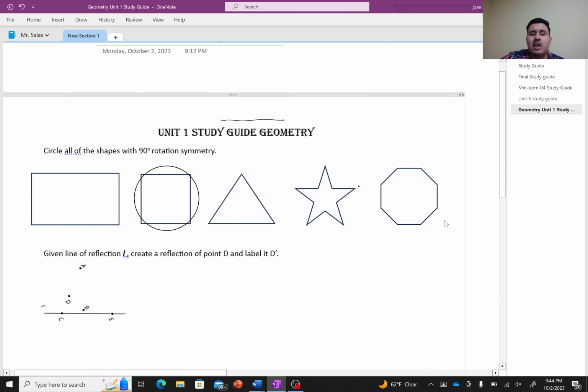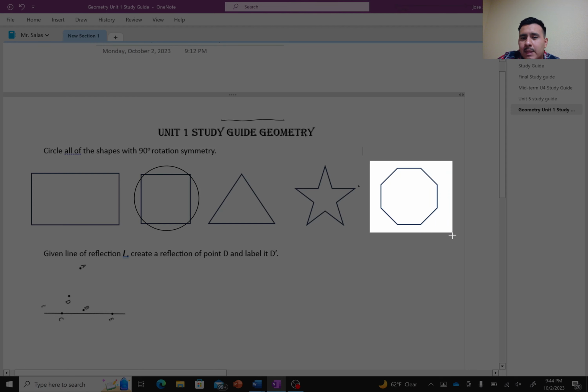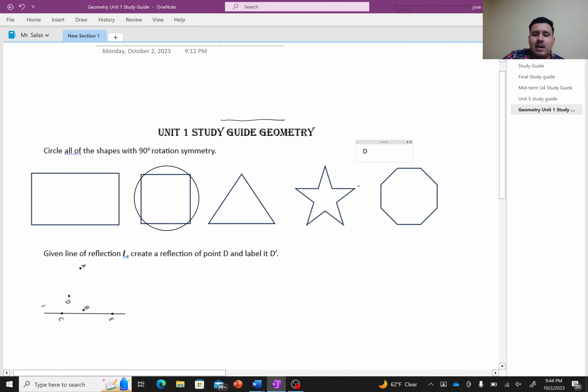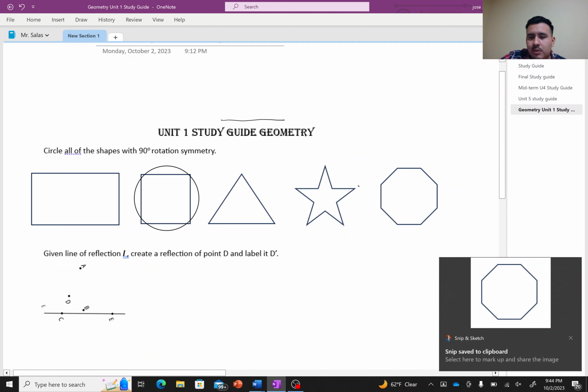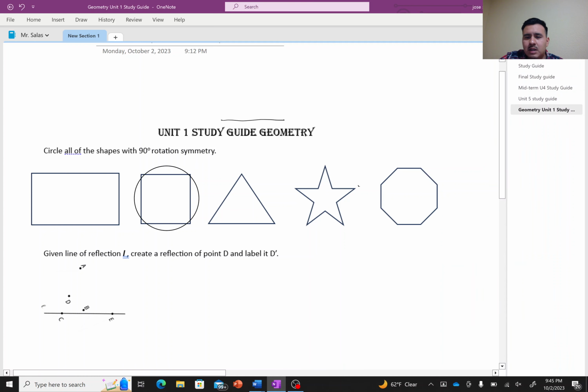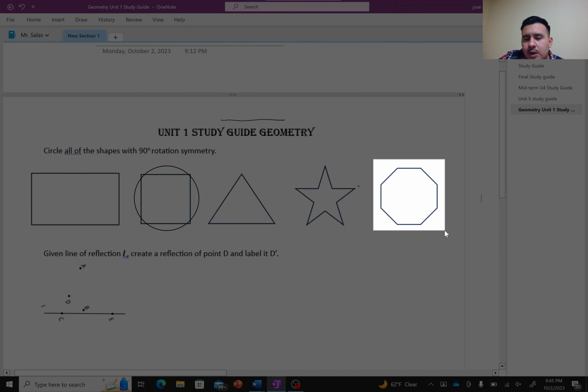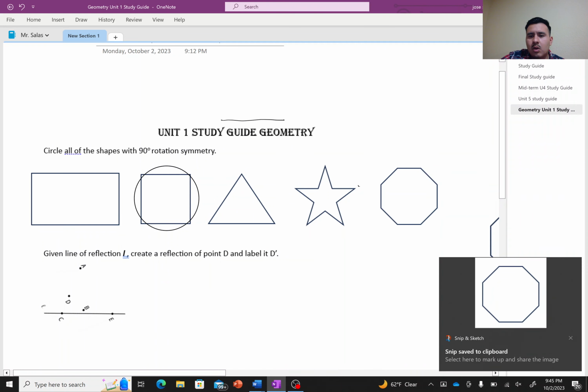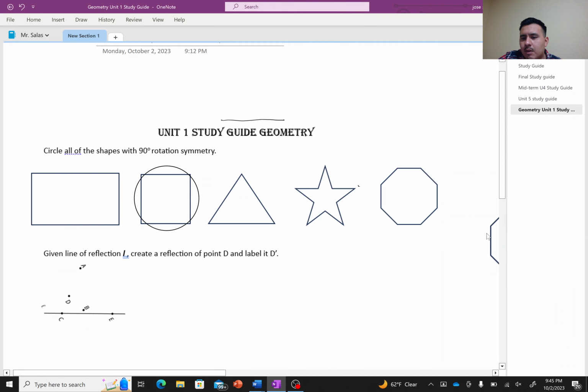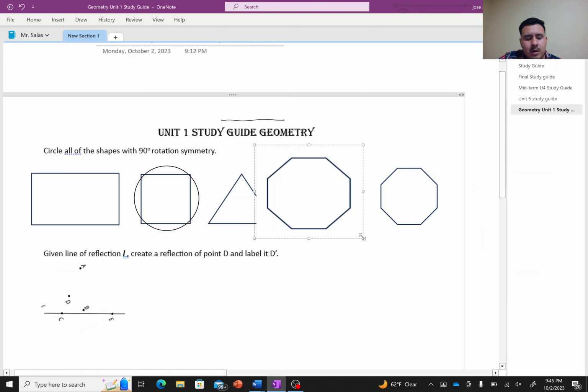And finally, our last shape, this octagon. Will an octagon have rotation symmetry? Let's see. Let me paste it and make it about the same size.